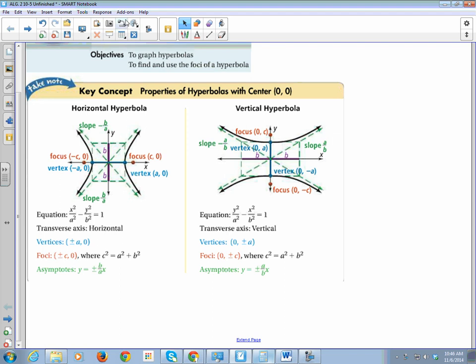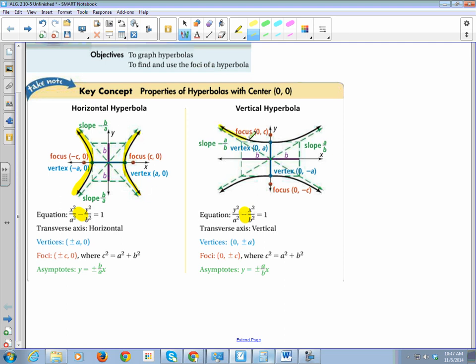What I want you to note is that the difference between a hyperbola and an ellipse is this minus sign right here. The graph of a hyperbola is two opposite parabolas. So if you're horizontal, then you open up onto the x-axis.